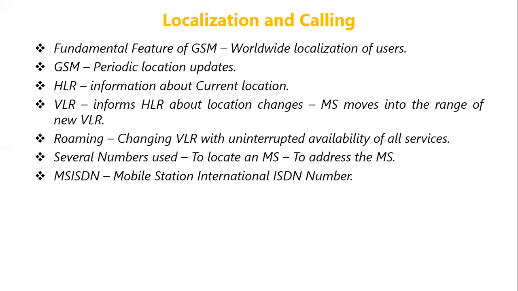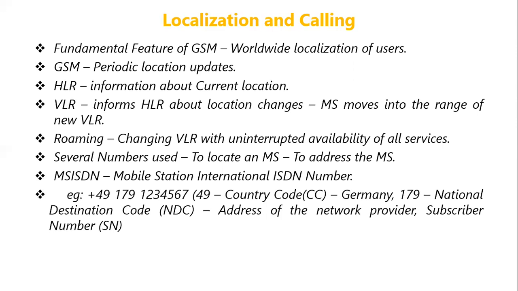This MSISDN follows the ITU-T standard E.164. The number consists of a country code, normally a two-digit number, for example 91 for India and 49 for Germany. Then it has the National Destination Code (NDC), which is generally a three-digit number representing the address of the network provider.